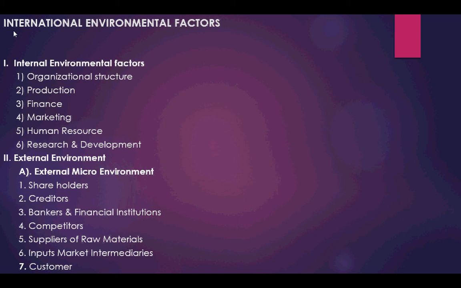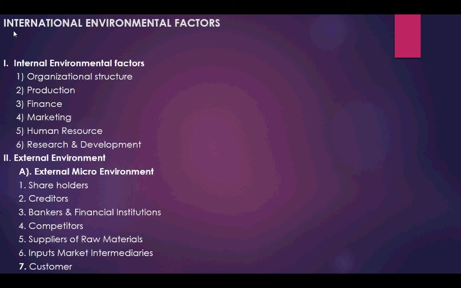External environmental factors have again been classified into two heads: external macro environmental factors and external micro-environmental factors. Now let's have a look at the micro-environmental factors. It includes all stakeholders.